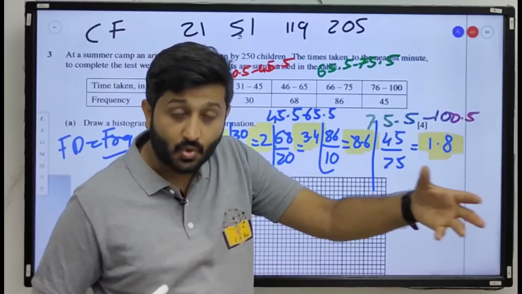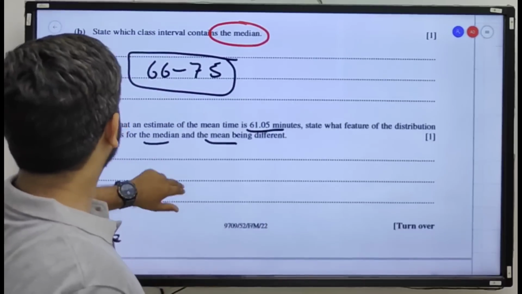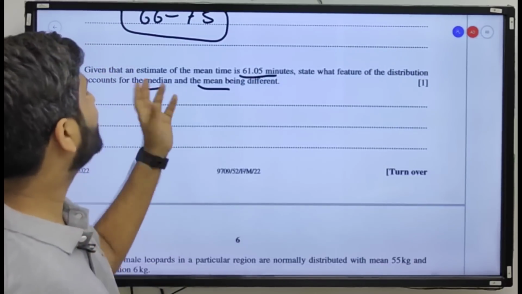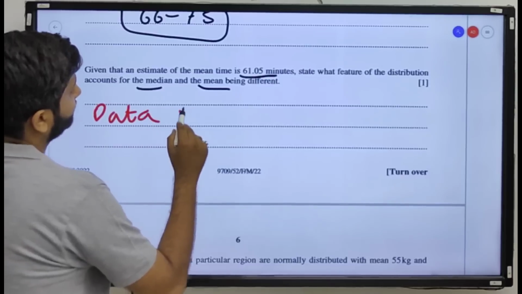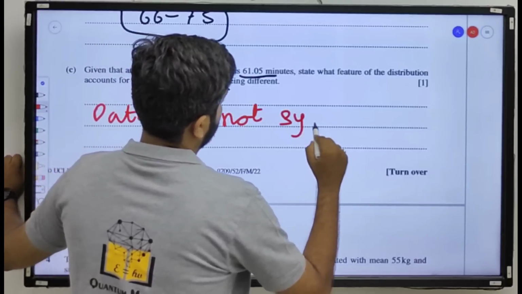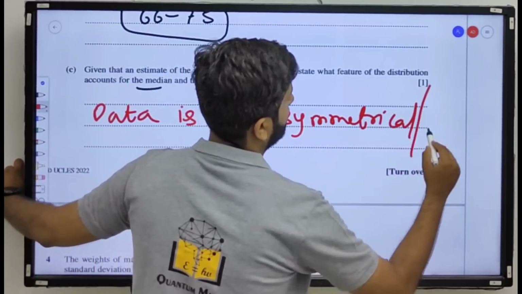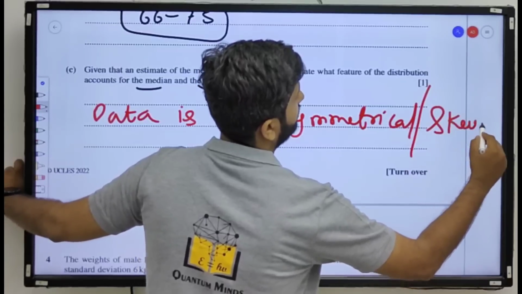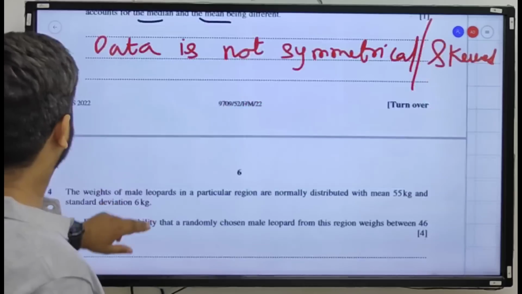So the data is skewed or not symmetric. That is why there is such a disparity between the median and mean. So we can write data is not symmetrical, or you can write data is skewed.